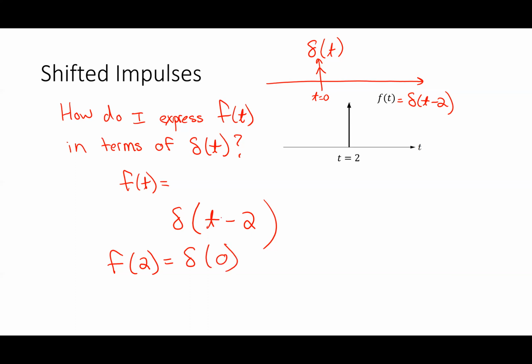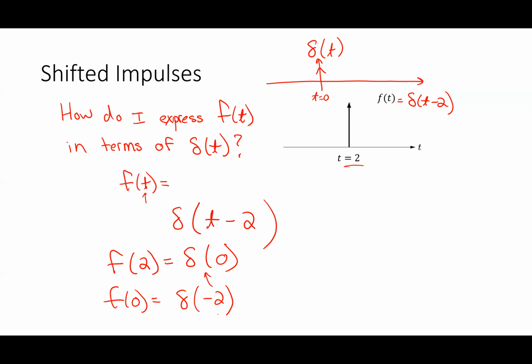So what I can see is that when I plug in t equal to 2, I get the same value that I have for the delta function when t equals 0. And if I plugged in f of 0, for instance, that's going to be delta of minus 2.